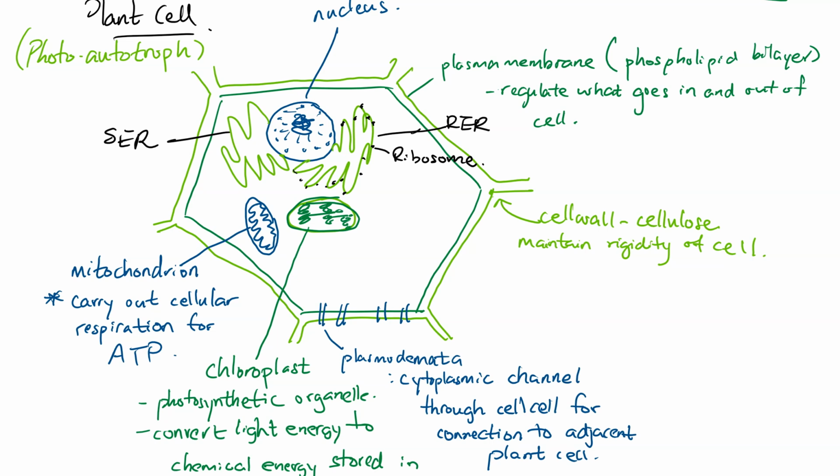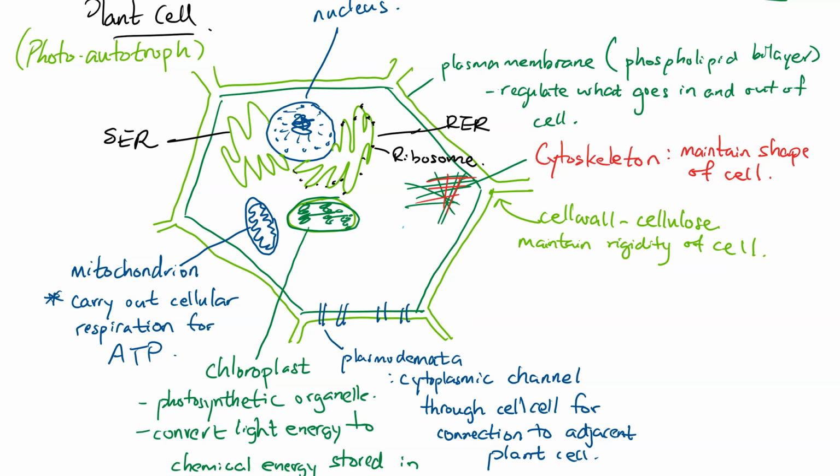Okay, and then we also don't forget that it has a cytoskeleton. Animal cells also have a cytoskeleton. Okay. And we will go into detail on the cytoskeleton later. And the purpose of the cytoskeleton, one thing, is to maintain the shape of the cell. And last is that all plant cells, in order to maintain turgidity, have a large central vacuole.